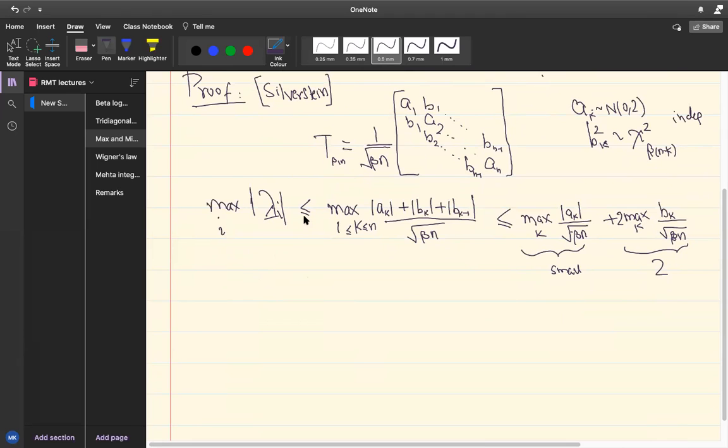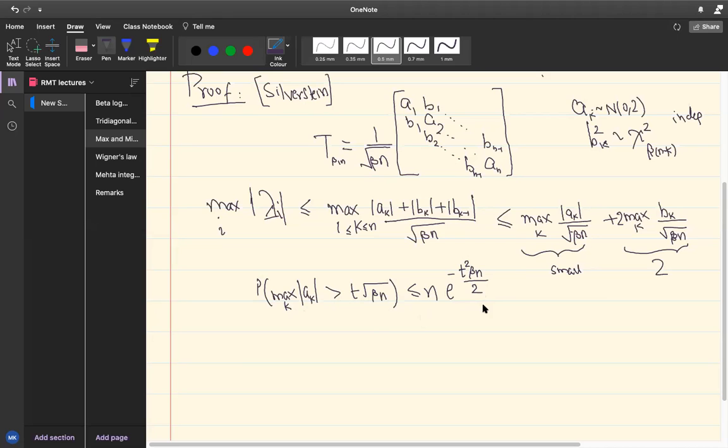The probability that the maximum of the absolute ak is more than, let us say, t times square root beta n, by the union bound, is bounded by n times the probability that one of them beats t root beta n. And for that, we can write a bound something like e to the minus t squared beta n over 2.